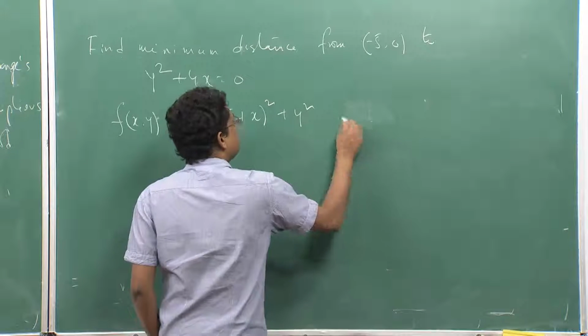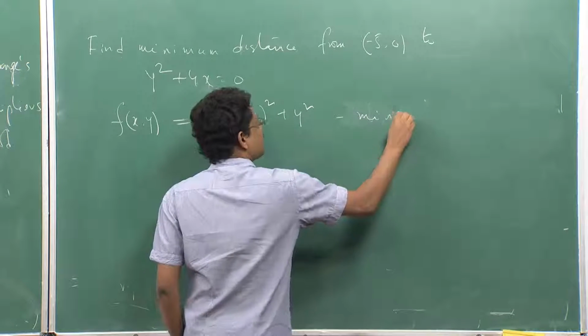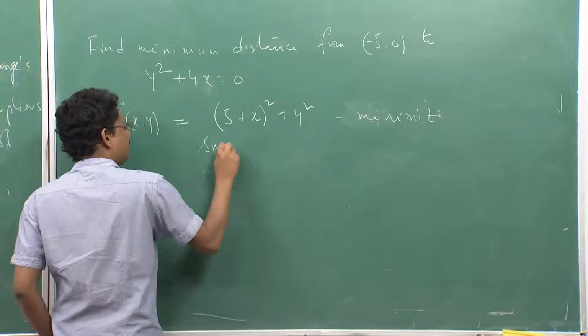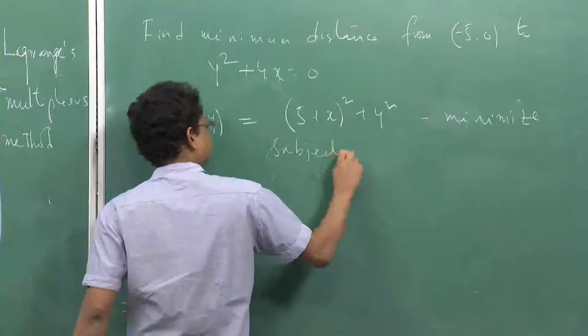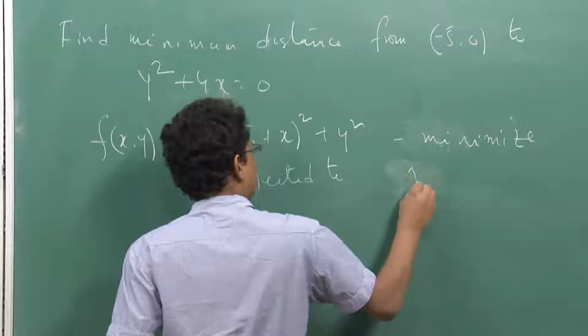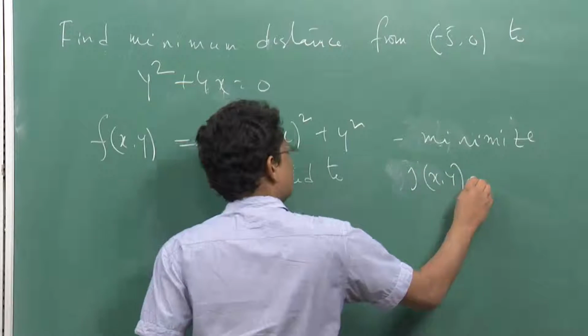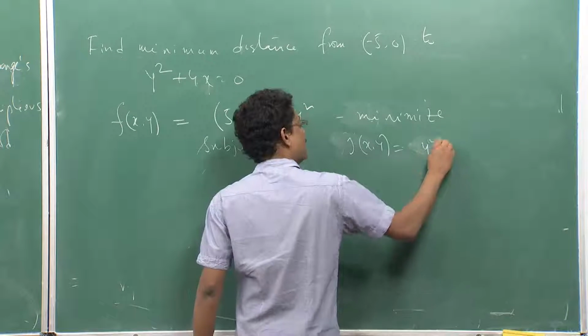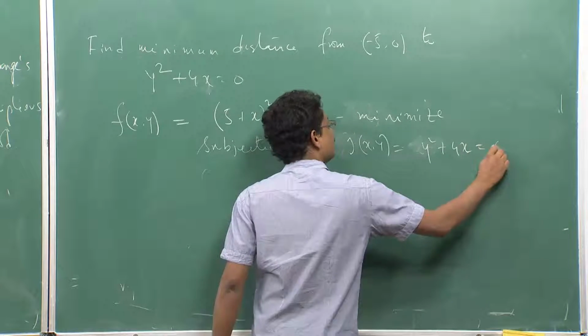So, minimize this subject to g(x, y) equal to y square plus 4x equal to 0.